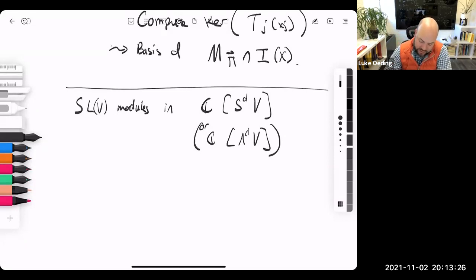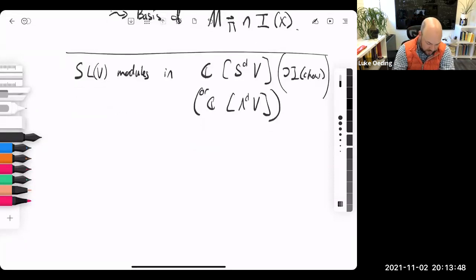This is where the ideal of the Chow variety lives, for example. If you could compute the irreducible representations inside of this coordinate ring, then you'd be able to check whether you have the equations or some of the equations of Chow varieties, and this is where the permanent and determinant orbits live, and so on. So this is interesting to us.